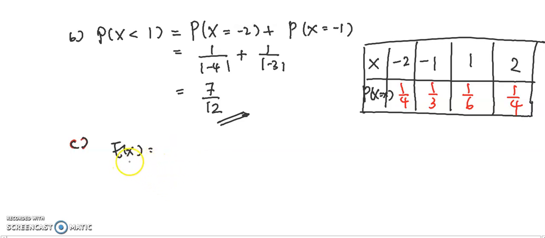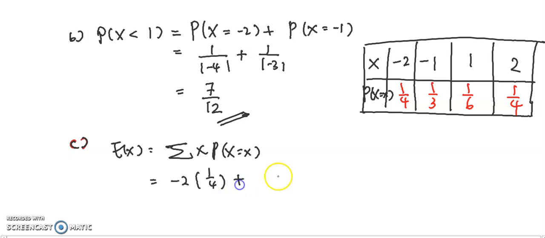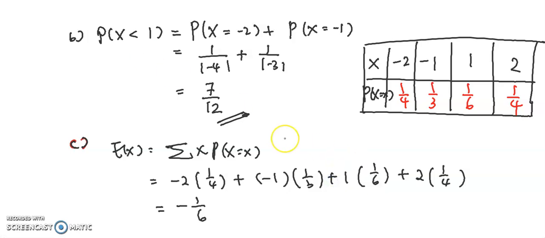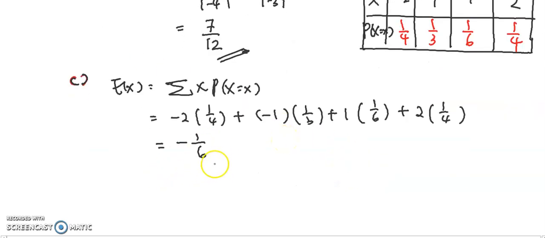If I need to find the mean, that is E(X), the formula is the summation of x multiplied by p. Looking at the table, I take each x multiplied by its corresponding probability, then the second x multiplied by its probability, and so on. Then you sum up all, and you get -1/6.